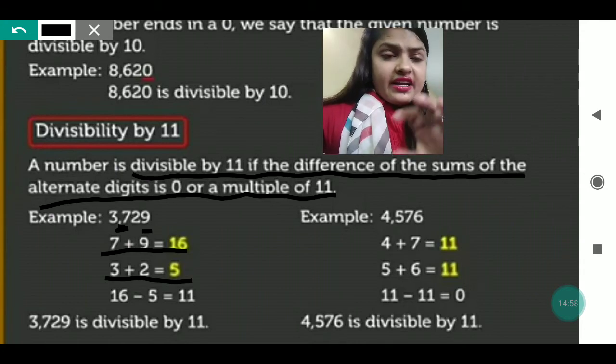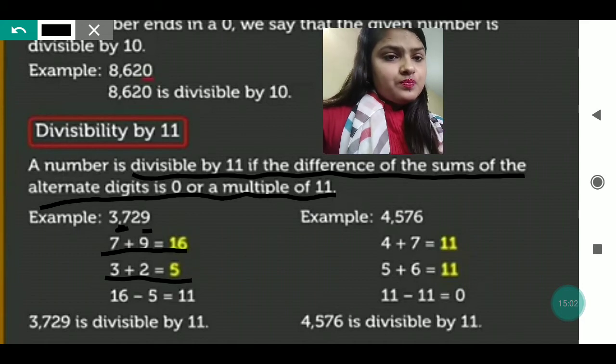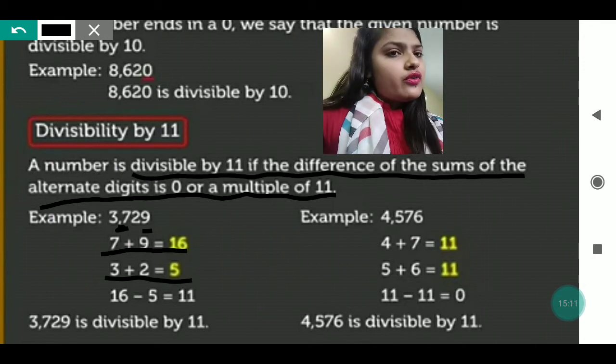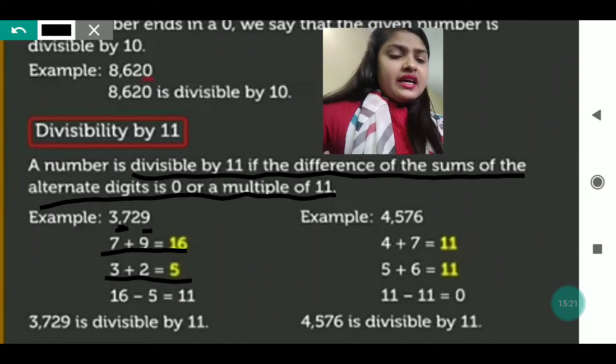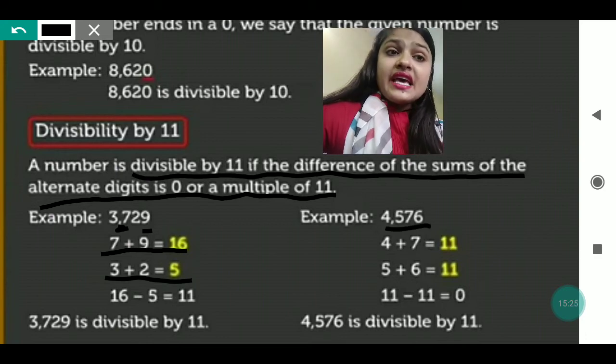When you have added the alternate numbers, you have to subtract. Whatever totals you have got, 16 minus 5, you will do. Then what will you get? 11. Is 11 divisible by 11? Yes, it means the whole number is divisible by 11. In the same way, one more example I have taken: 4, 5, 7, 6.